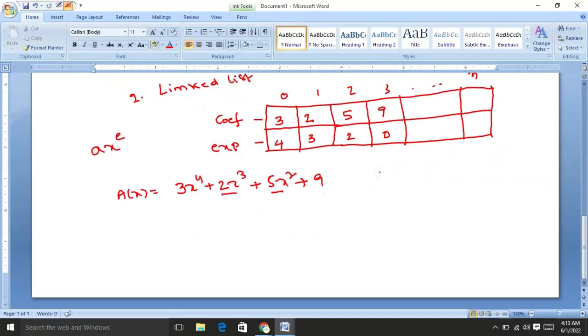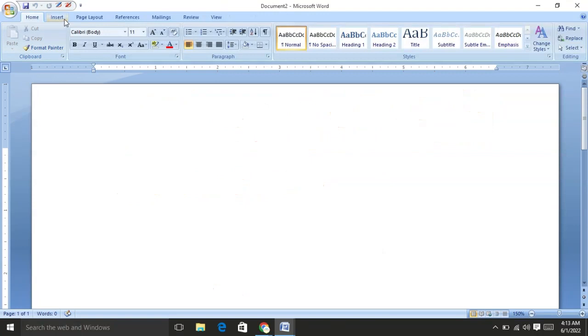To store the polynomials in the array, I am going to represent a data structure. Please observe carefully. So I take one data structure. I define the number of terms.